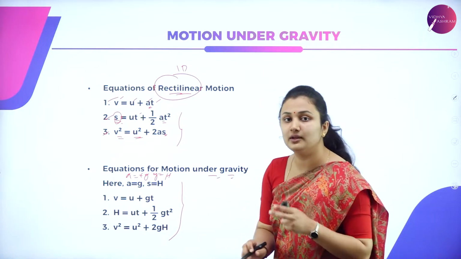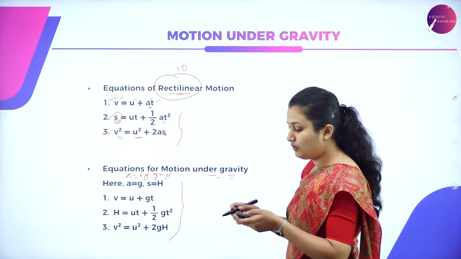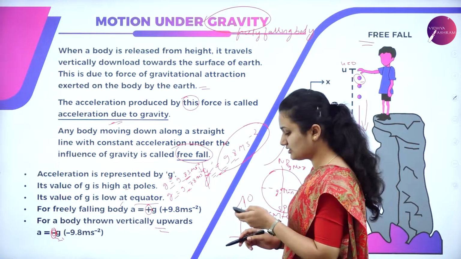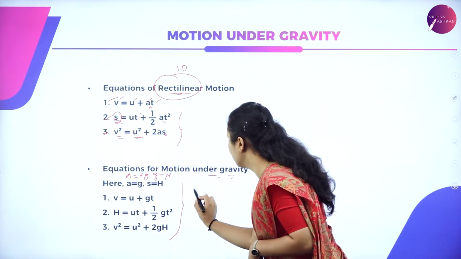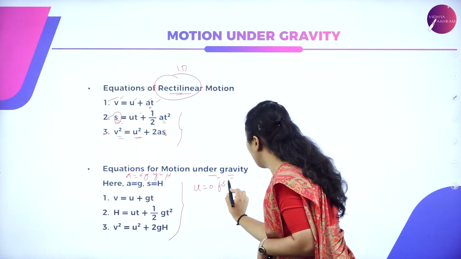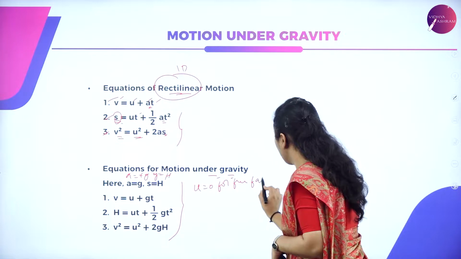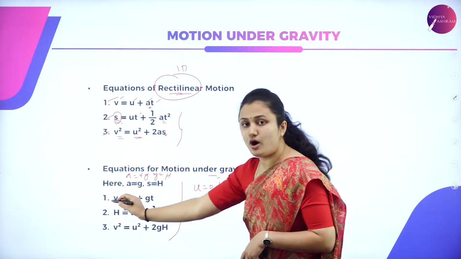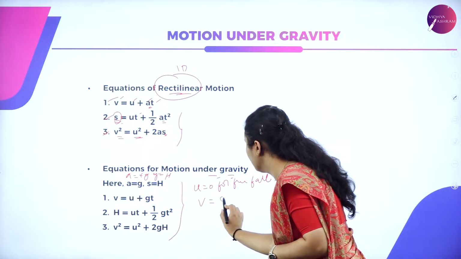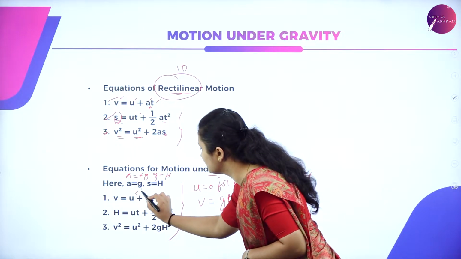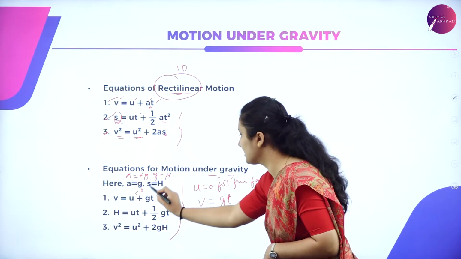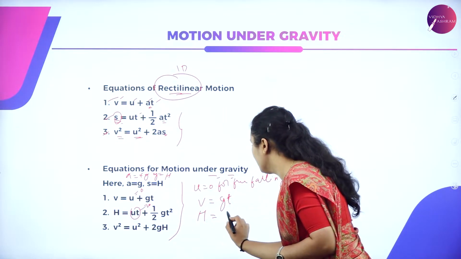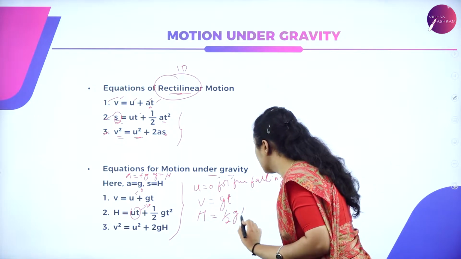So this is the equation of motion under gravity. And for a freely falling body, you have seen u is equal to 0. The initial velocity is equal to 0. On substitution, you will get v is equal to gt because u is 0 here. Again, s is replaced by h, so h is equal to ut plus half gt square, where u is 0, so the first term is 0 and only half gt square is there.